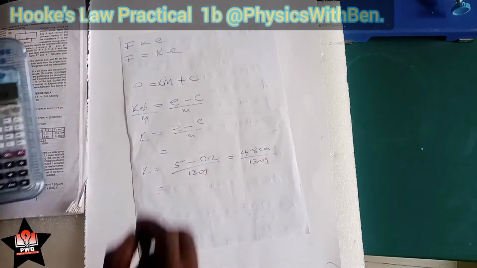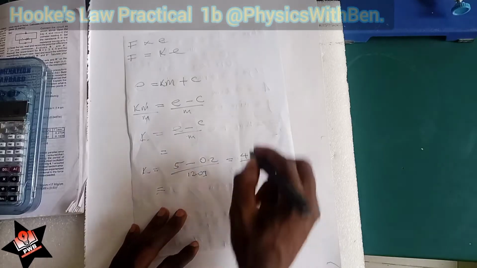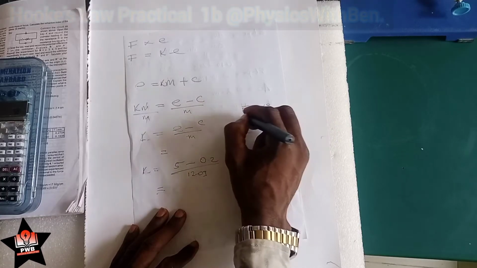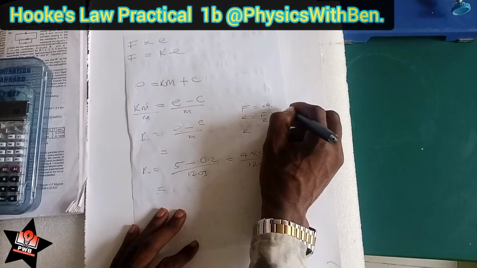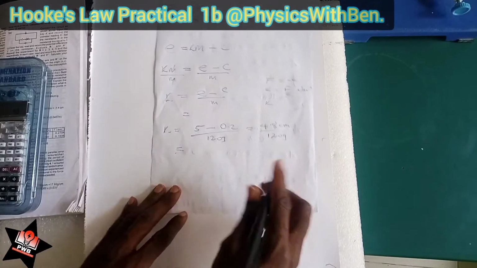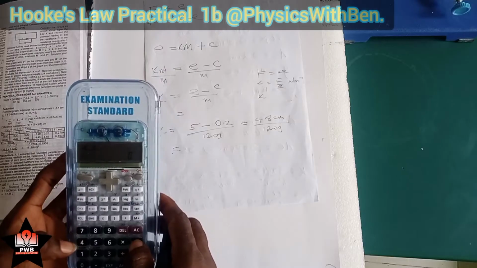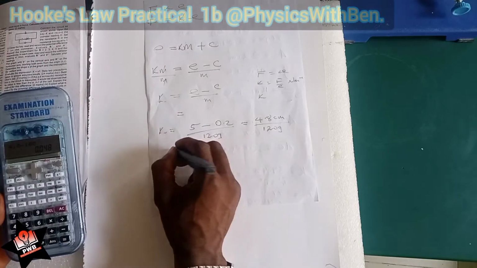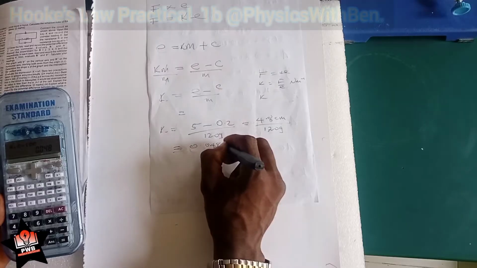But recall that the unit for the stiffness of the material, from F is equal to KE, is equal to F over E, is Newton per meter. So we'll convert everything here to Newton per meter units, so we have 4.8 divided by 100, and that will give us 0.048 meters.